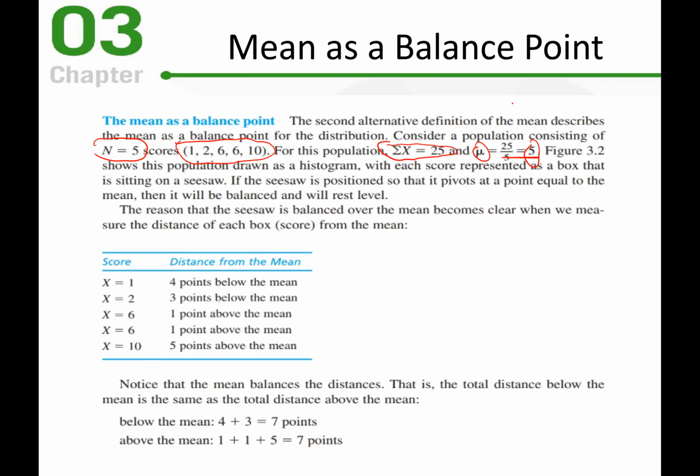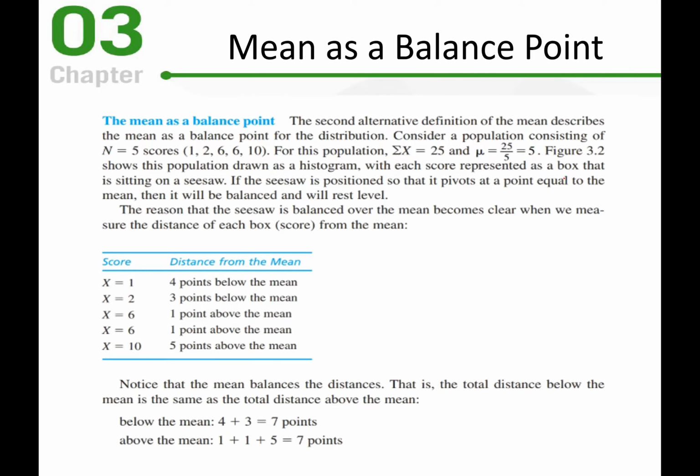Now, if we show this population drawn as a histogram, with each score presented as a box, and we present it as sitting on a seesaw, if the seesaw is positioned so that it pivots at a point equal to the mean, then it will be balanced and will rest level.